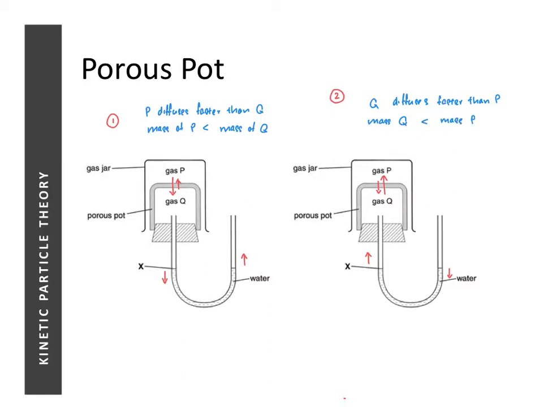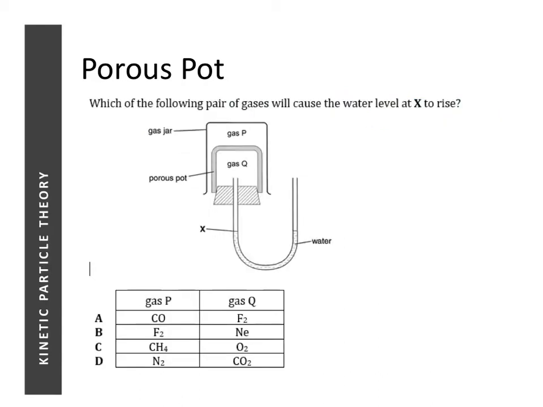So with that in mind, let us go back to the same question and try to apply it to see what happens to the water level. For this question, we want the water level at X to rise. For X to rise, if we look back at the scenarios, it means we are looking at scenario 2, where after some time we have less gas inside the pot.